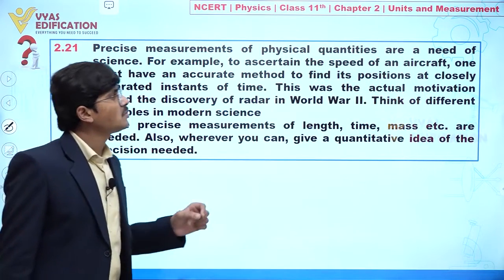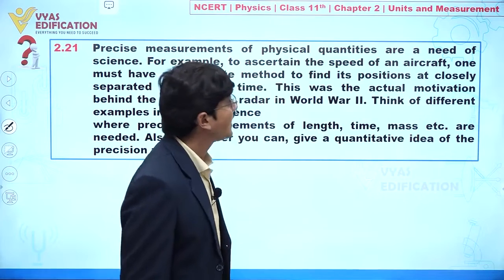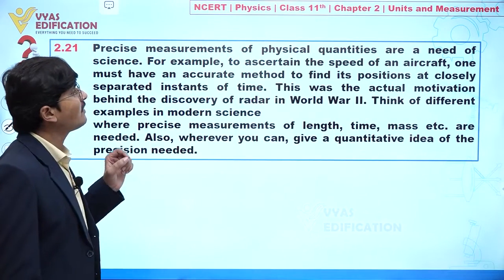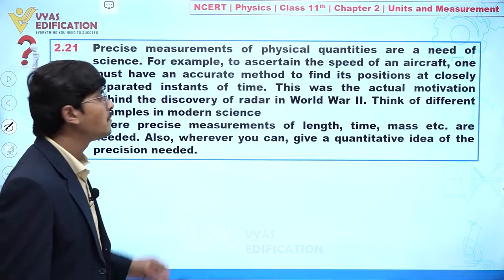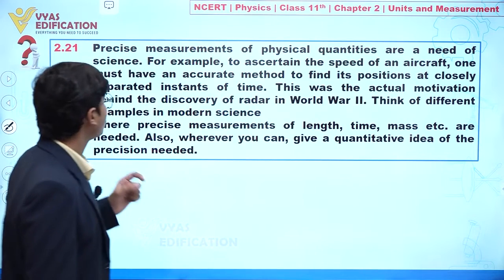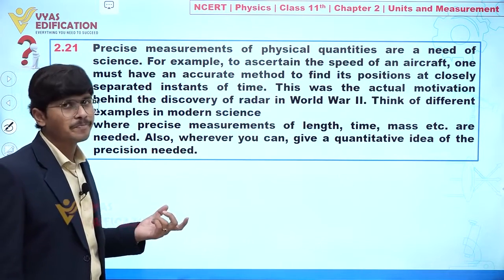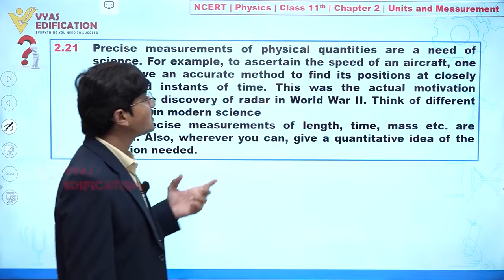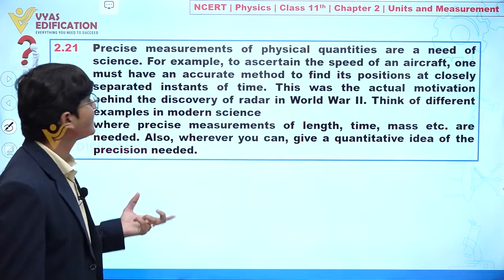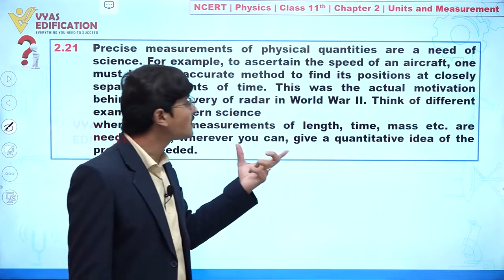For example, to ascertain the speed of an aircraft, one must have an accurate method to find its position at closely separated instants of time. This was the actual motivation behind the discovery of radar in World War II.